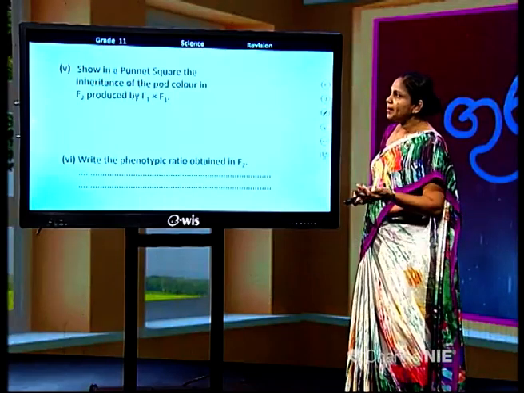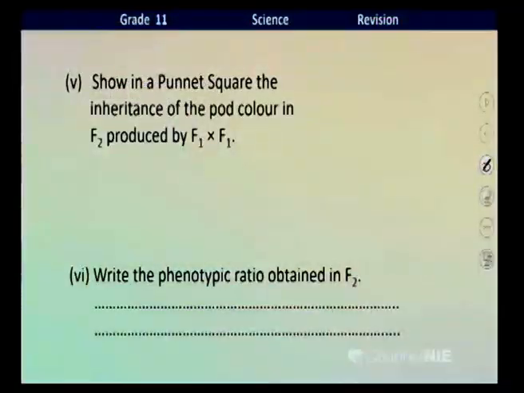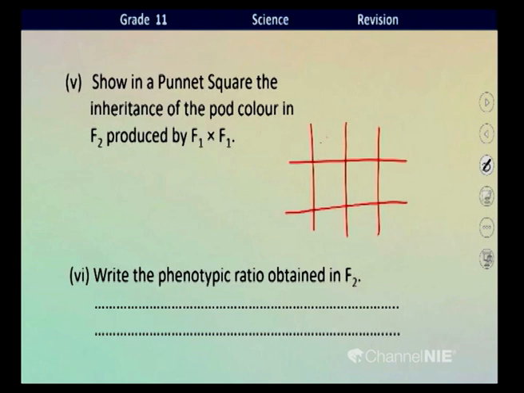Show in a Punnett square the inheritance of the pod color in F2. Here this is the Punnett square, children. You know how to make the Punnett square. This is the F1 parents. Here when these two join, capital G capital G, capital G simple g, capital G and simple g.